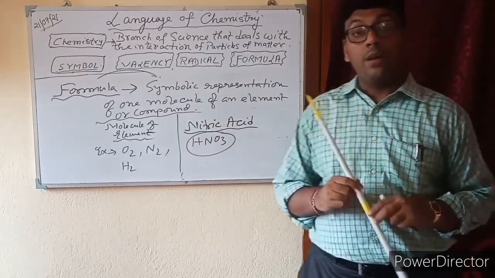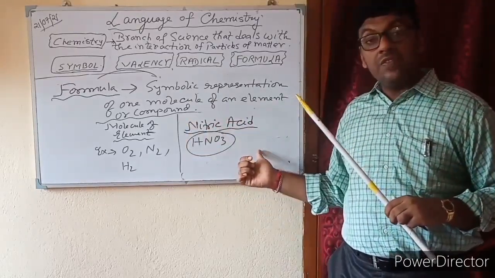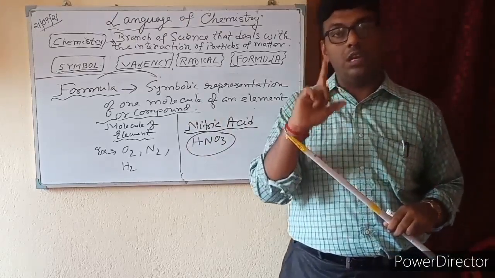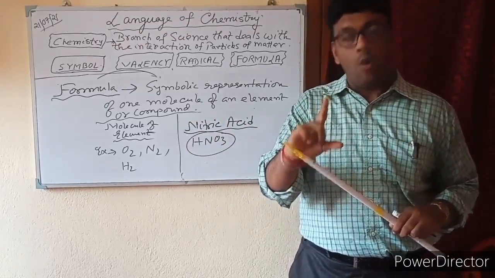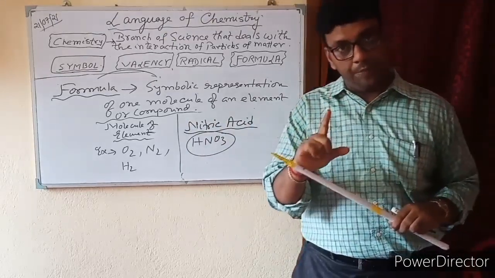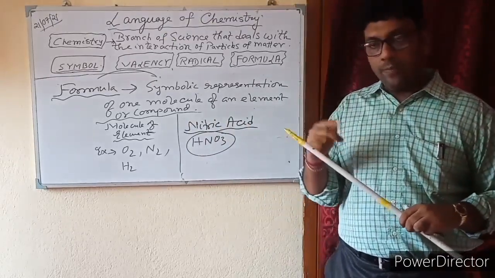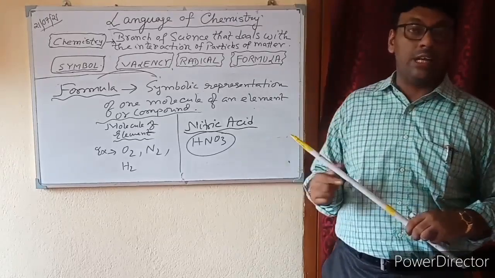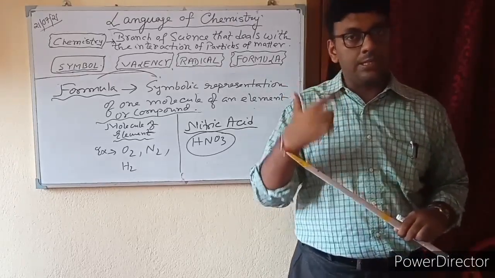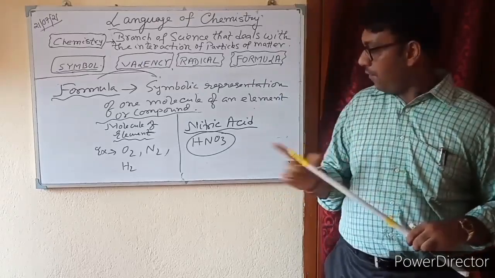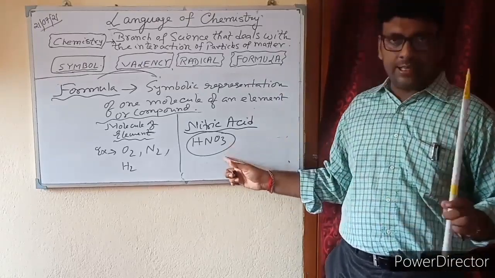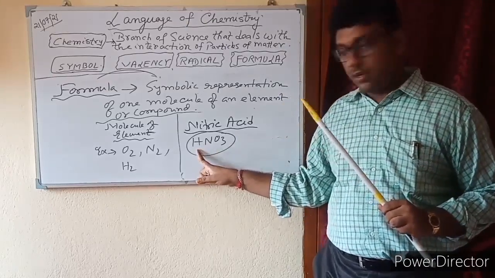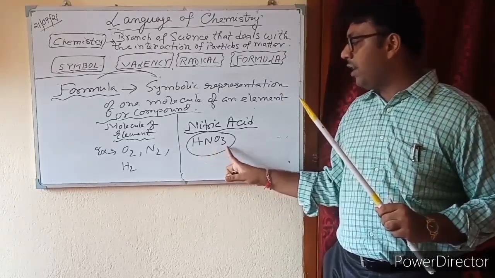So what is the significance of the formula? Number one, it represents one molecule of an element or molecule of a compound. Number two, the chemical formula tells how many atoms are present in one molecule. For example, in one molecule of nitric acid, one atom of hydrogen, one atom of nitrogen, three atoms of oxygen.